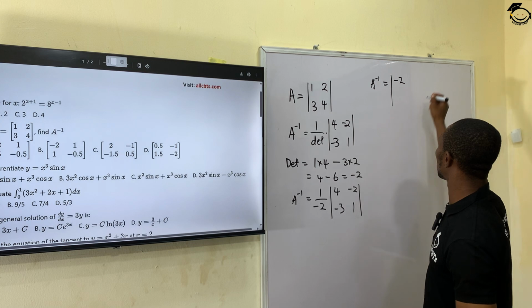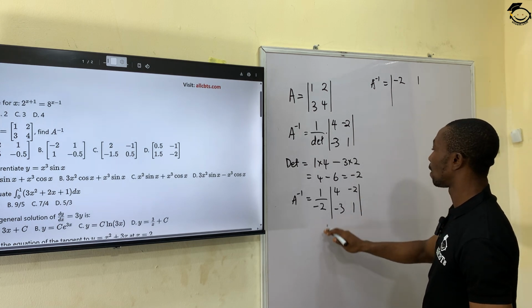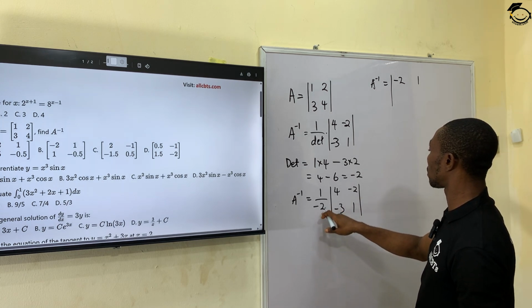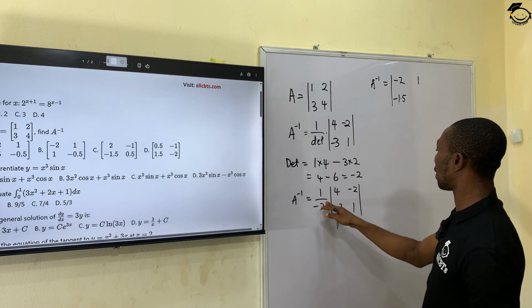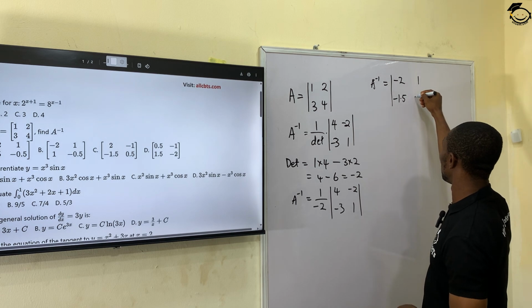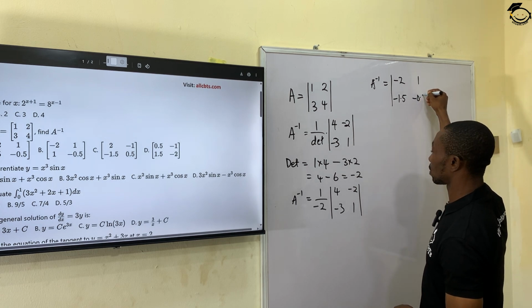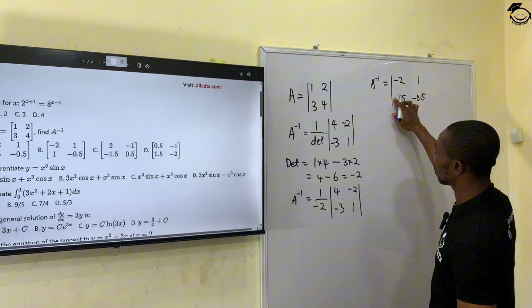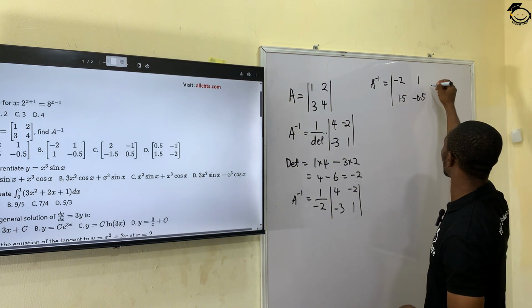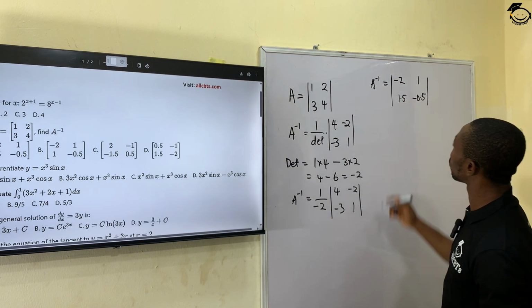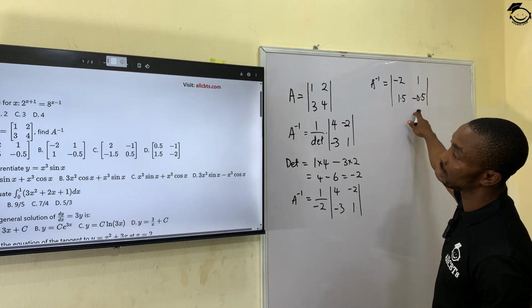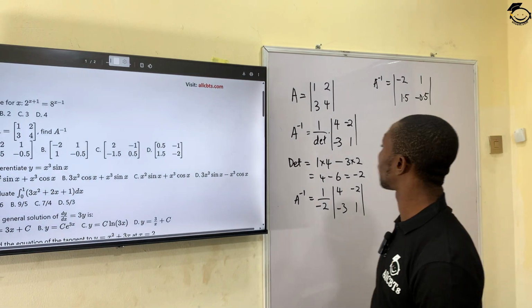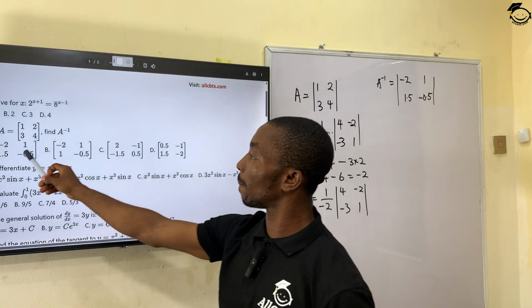Half times minus 2 will give us minus 1. Minus 3 times half will give us minus 1.5. And half times 1 will give us 0.5. Sorry, this will be plus: minus times minus gives us plus. So our A inverse will become 2, minus 1, 1.5 and 0.5.